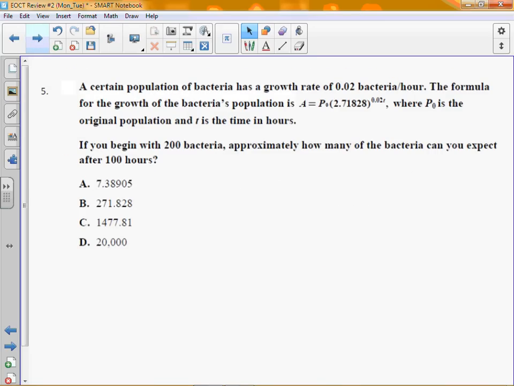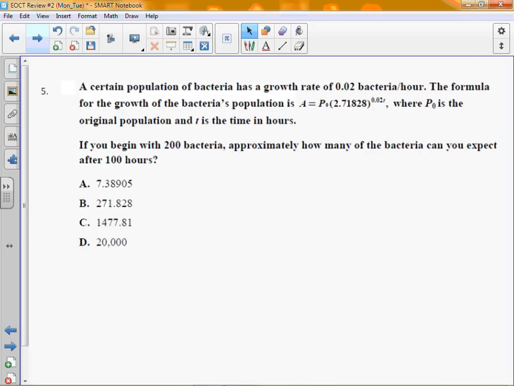It was one of those ones where, or no, we didn't have this one exactly. It got us where P sub 0 is the original population, and t is the time in hours. So it says a certain population of bacteria has a growth rate of 0.02 per hour. It gives us a formula.